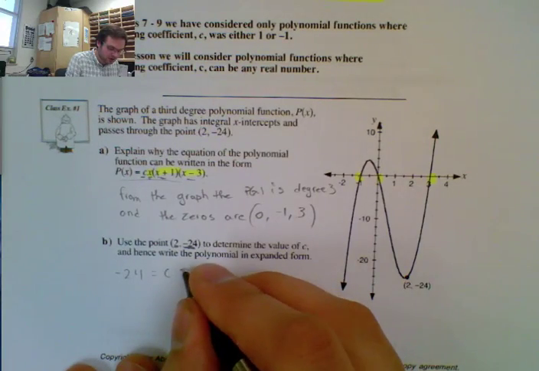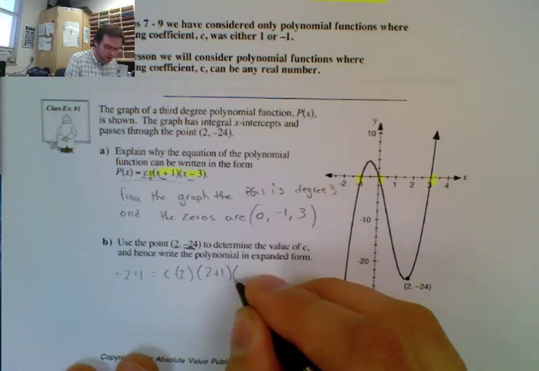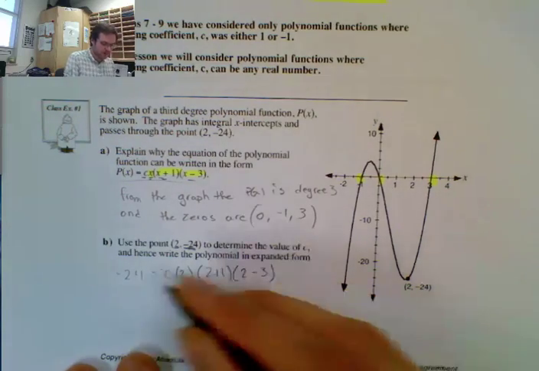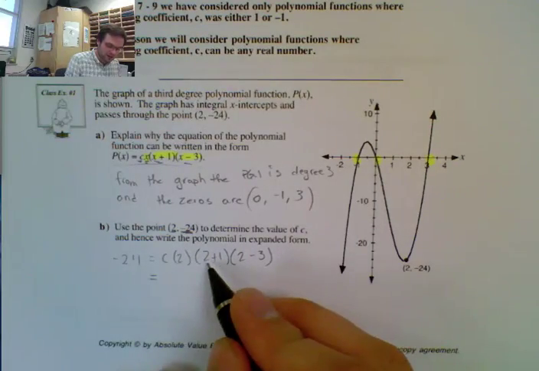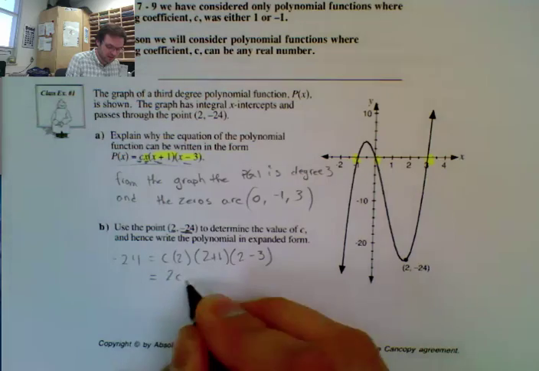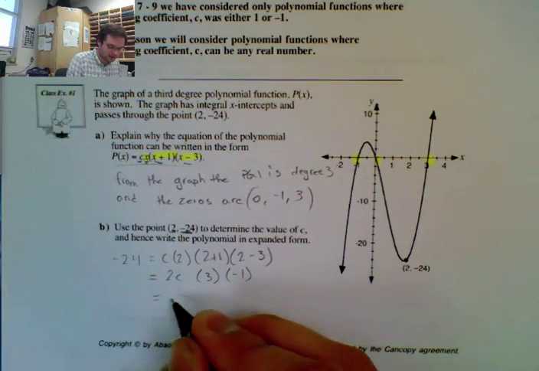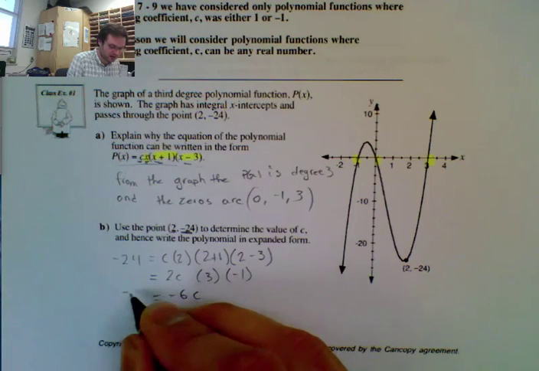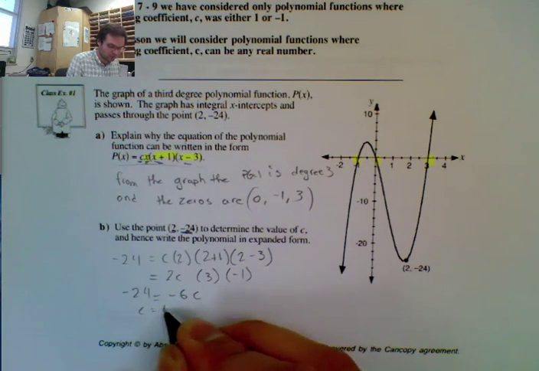So I'm going to have c times 2, multiplied by 2 plus 1, multiplied by 2 minus 3, okay? So I continue this off. I'm going to end up getting 2c multiplied by 3 multiplied by -1, which gives me -6c is equal to -24. So here I end up getting c is equal to 4.